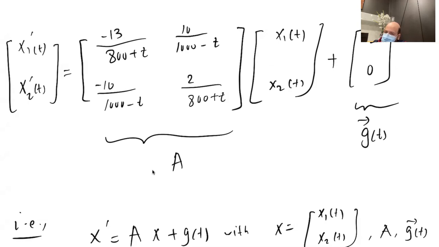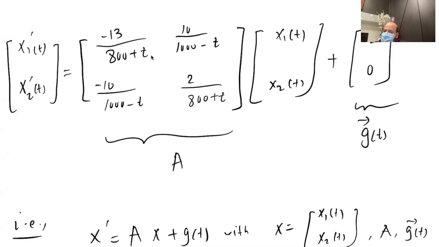They were not functions of t. This part g of t was allowed to be a function. We could have, for example, 2t and 0 instead of 2 and 0. We covered that because we could use variation of parameters or undetermined coefficients to find the particular solution. But for finding a complementary solution, or xc, we only consider the cases where the entries of A were constants, not entries with functions of t.